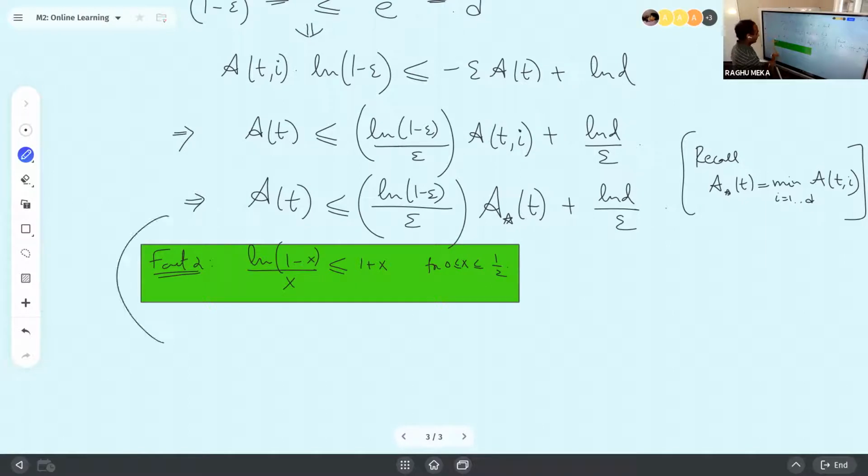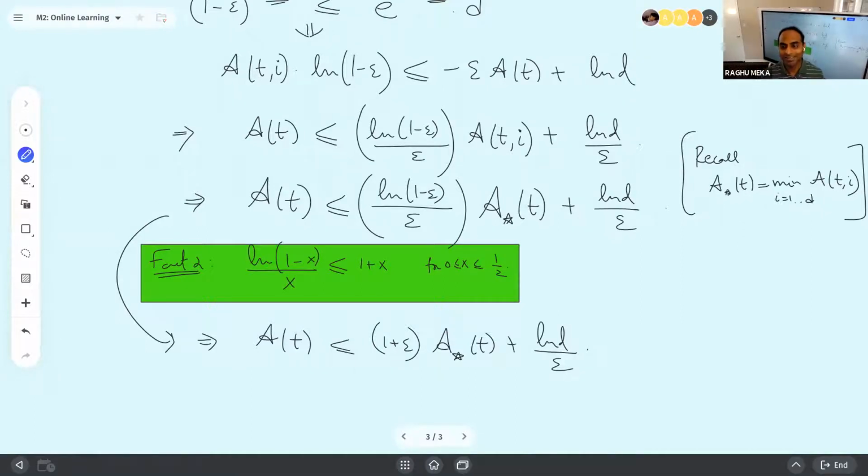As a result, we get A of T is at most 1 plus epsilon times A star of T plus ln D by epsilon. So that's great. That's the entire analysis of the multiplicative weights update algorithm.